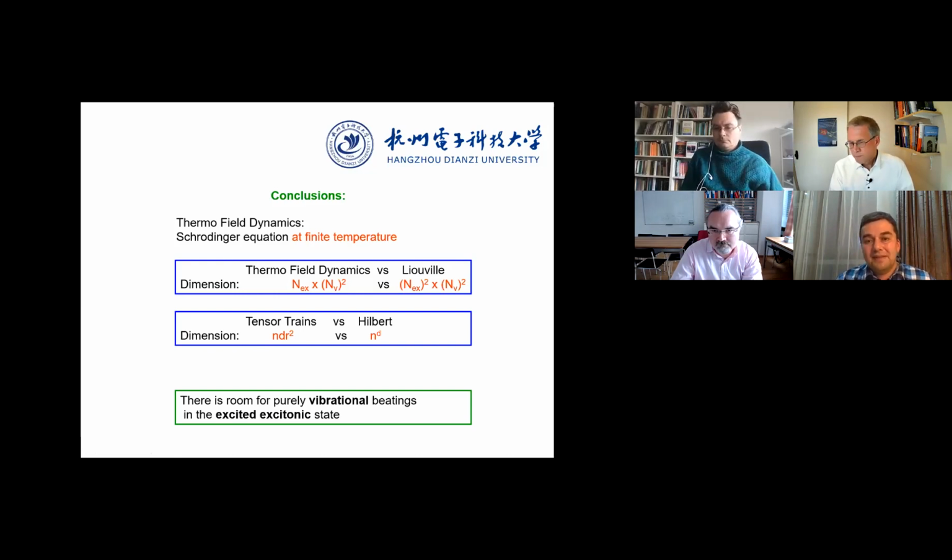So this melting doesn't kill everything. What remains is predominantly vibrational contributions, which show up in spectroscopic signals and hopefully can be detected experimentally.